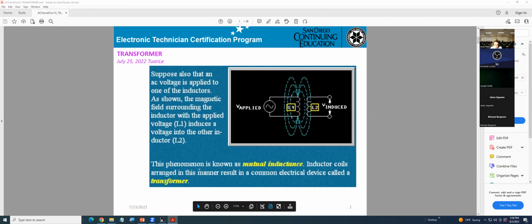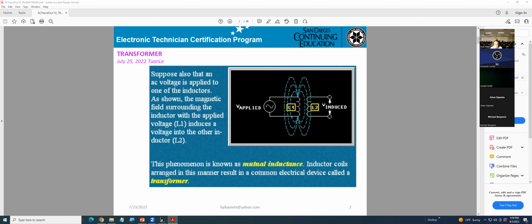This phenomenon is known as mutual inductance. Inductor coils arranged in this manner result in a common electrical device we'll call a transformer.